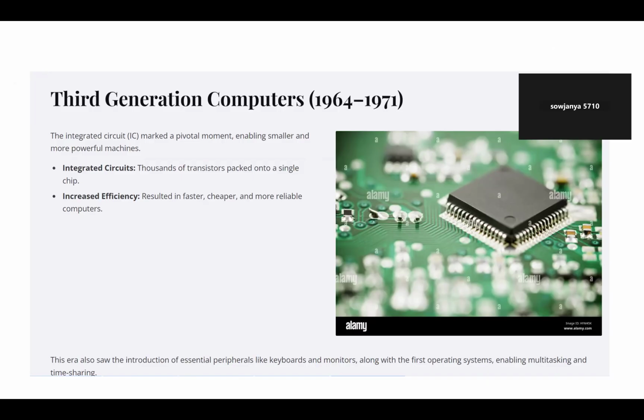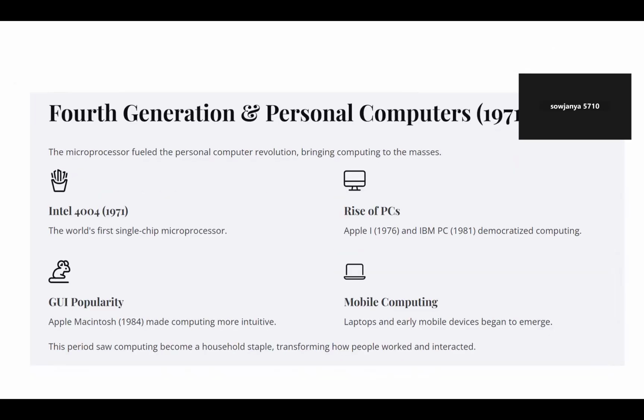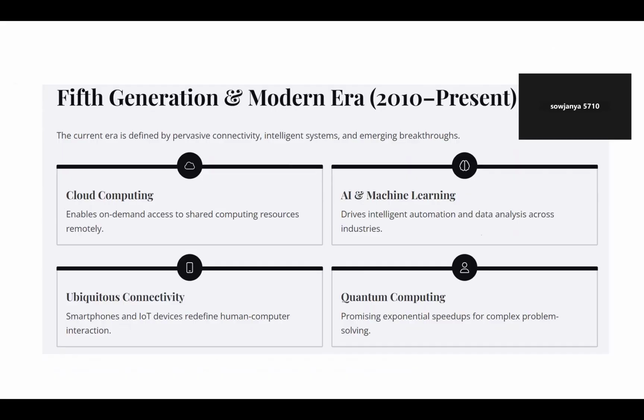So this is the era of integrated circuits, and then the fourth generation, personal computers. If you see, that is from Intel and the 4004. Then the rise of PCs, then GUI popularity, and then mobile computing as well. Next, the fifth generation, where we are now.